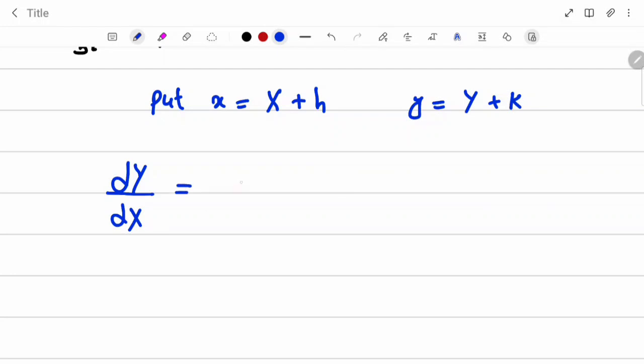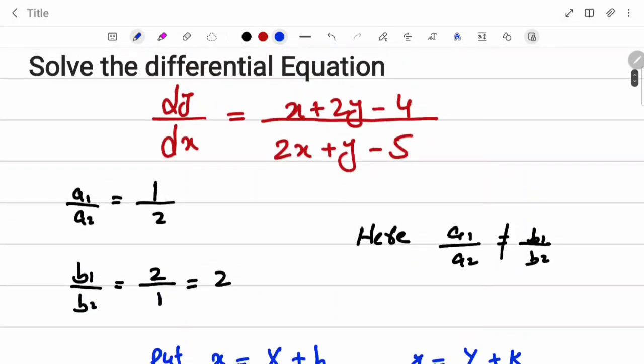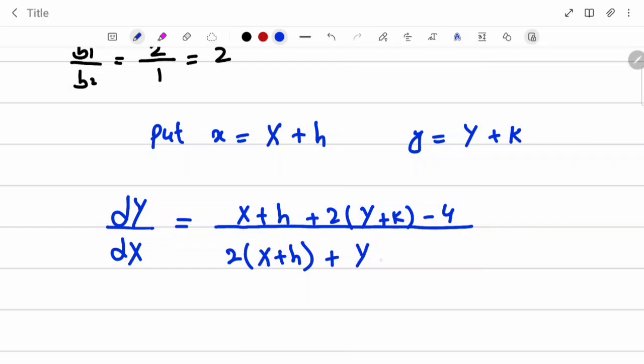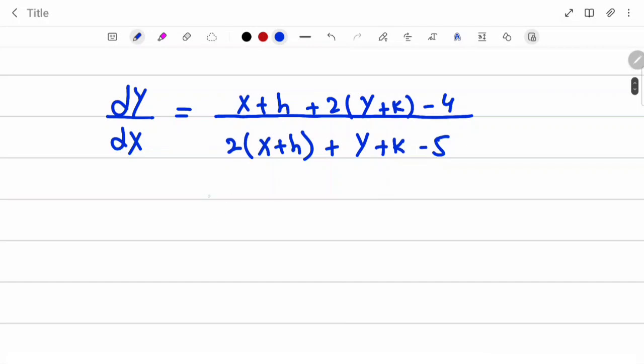Then we replace the values: X plus h plus 2, instead of y we write Y plus k, and then we have minus 4, upon 2 times X plus h plus Y plus k minus 5. So we just need to simplify it.